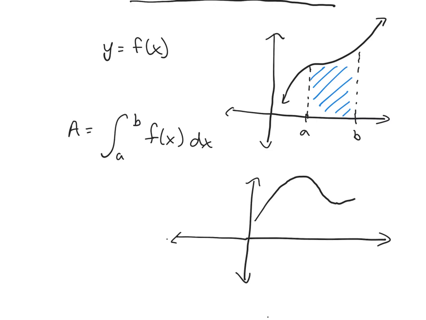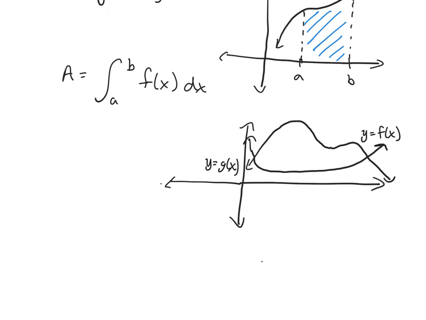Let's say this is my function y equals f of x, and then I have another function that looks like this, and this bottom one is going to be y equals g of x. And I want the area between these two functions, between these curves. So I would like this region in between them. That's the region that I want.